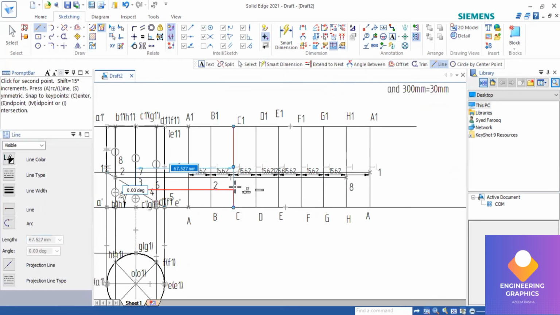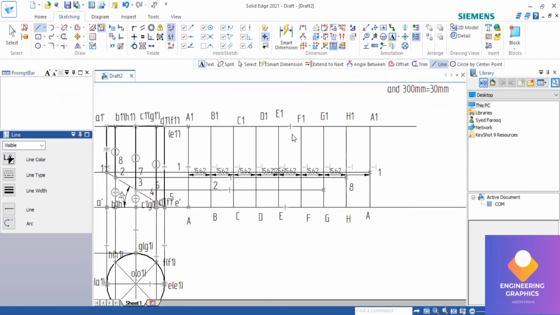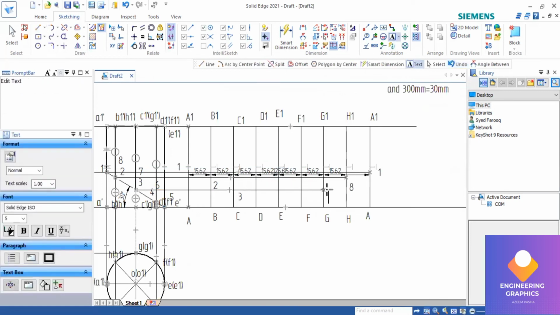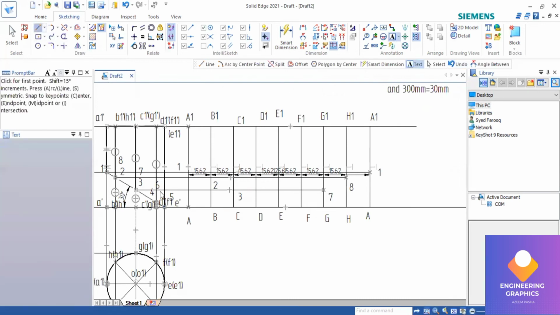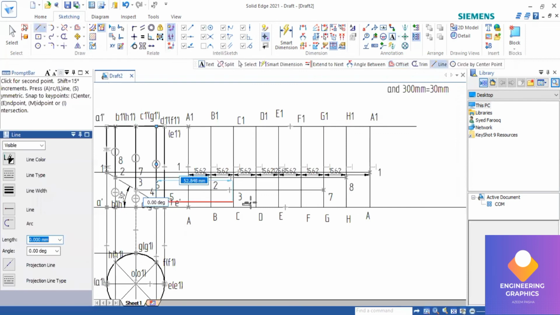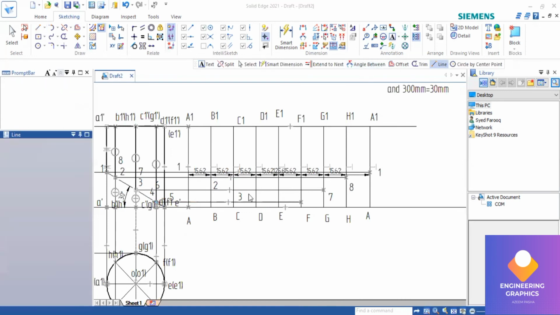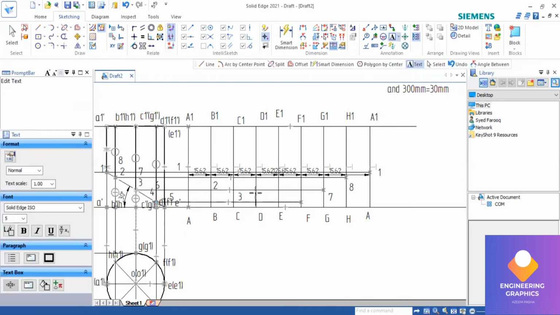So point number 3 on C, and it is extended till G here. Okay, that is your 3 and 7. Now we can extend this 4 and 6. Okay, yes, this is what we have. This is 4, and this is 6, and 5 we are getting exactly on the E point here.